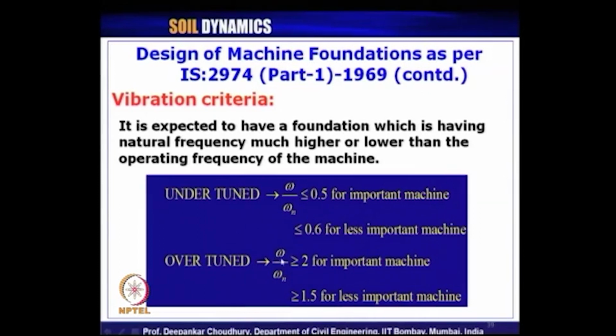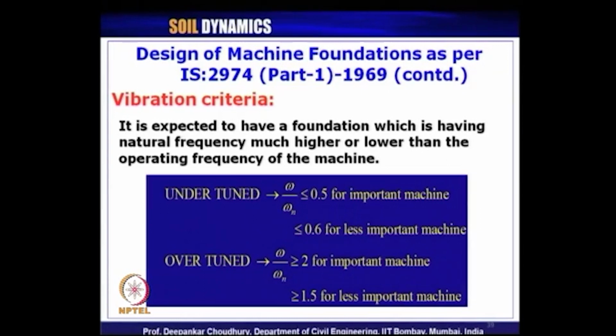In that case, omega is pretty low, and to maintain these factors, which are nothing but a kind of factor of safety against resonance condition, your omega n has to be again much lower. What does it mean?